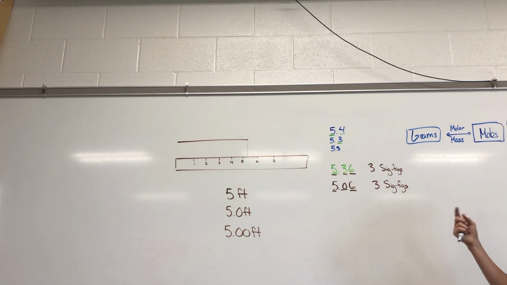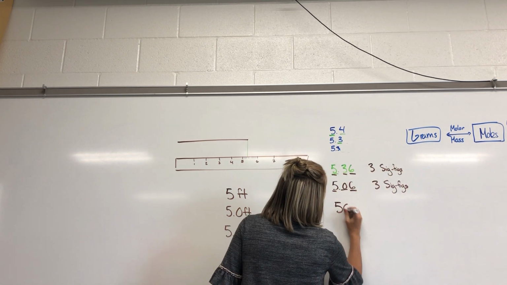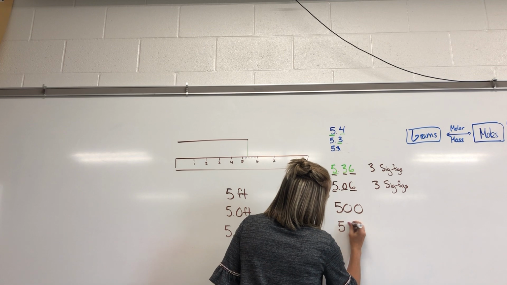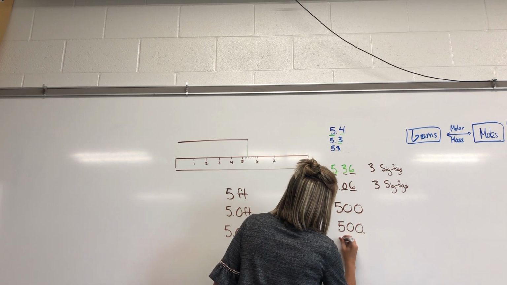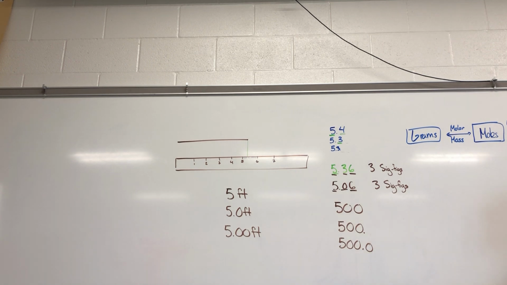Okay? Rule number 3 talks about trailing zeros. So zeros that come after a number. Zeros after a number are only significant with a decimal added. So once again, kind of a weird thing between chemistry, math, and maybe what you're used to in math. This number and this number and this number all mean different things.